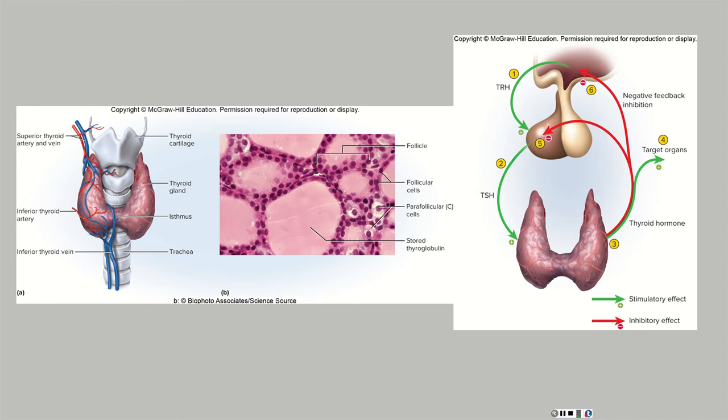Another, development and growth. This is much more important in developing embryos and young people. The thyroid is very responsible for development and growth during childhood and adolescence and when still in the womb. And also blood pressure regulation. As I said a moment ago, think back to the cardiovascular chapter when we talked about thyroxine and blood pressure.